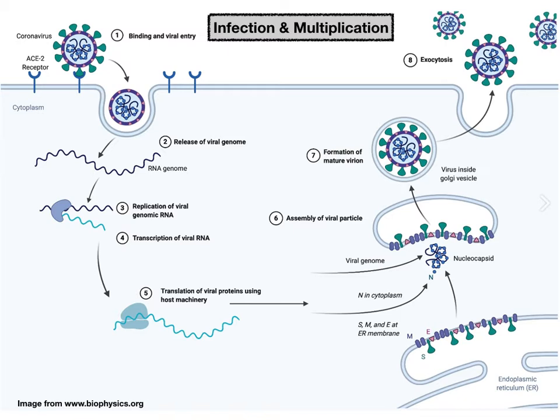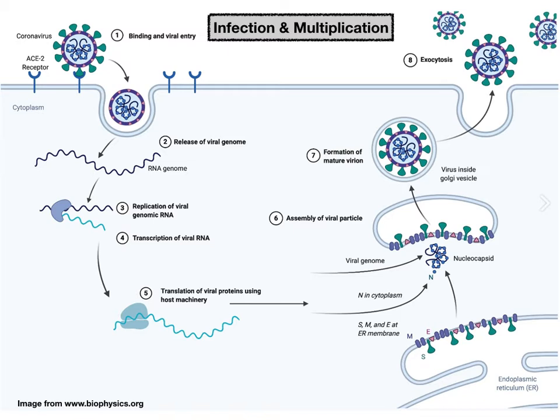Now the virus uses that machinery to transcribe its own genome into viral RNA, and it also uses our ribosome, which is a translational machinery, to produce all the viral proteins it wants. So the S, M, and E proteins are produced for the virus using human machines, tools.